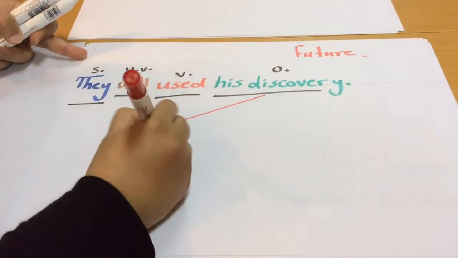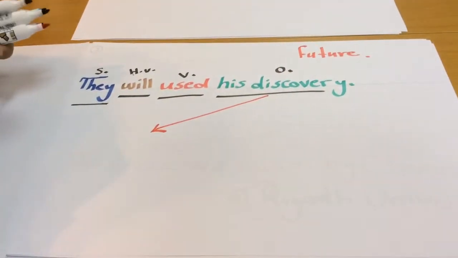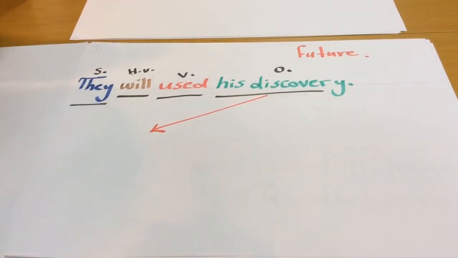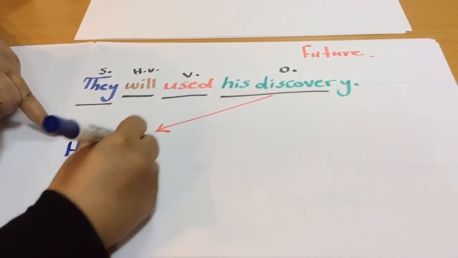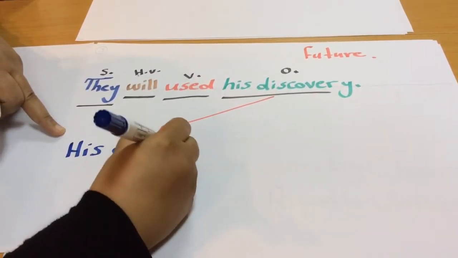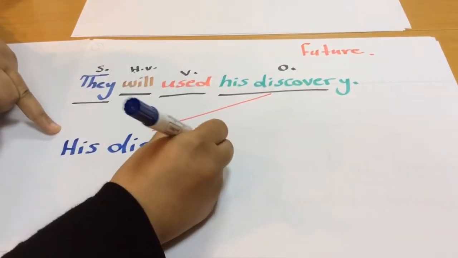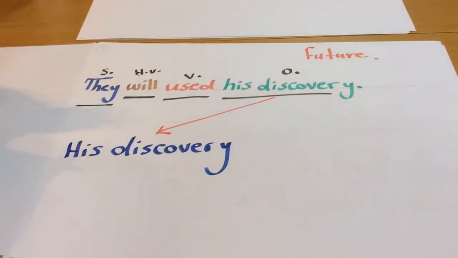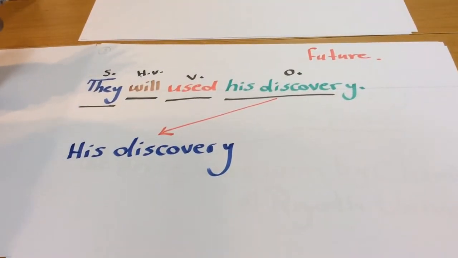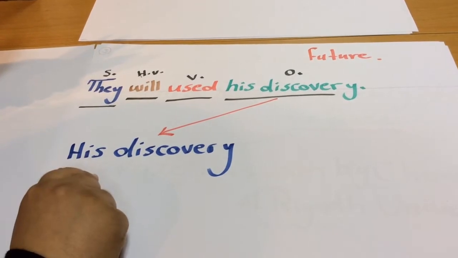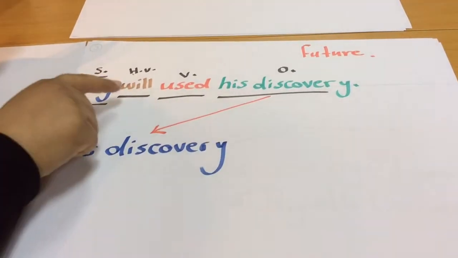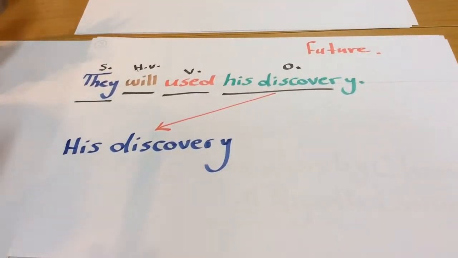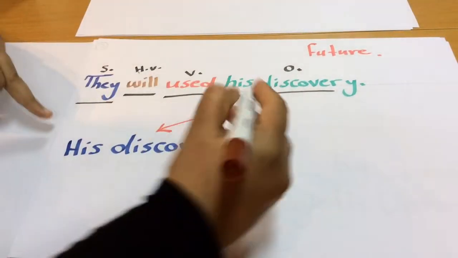First of all, we will start with the object. We will say his discovery. In all the 3 previous sentences, after the object, immediately we have to put the helping verb. Here we already have the helping verb, which is will.